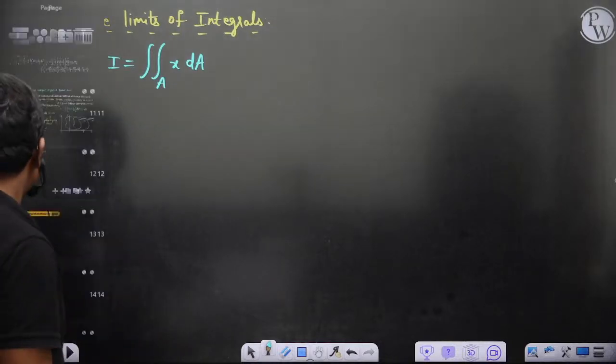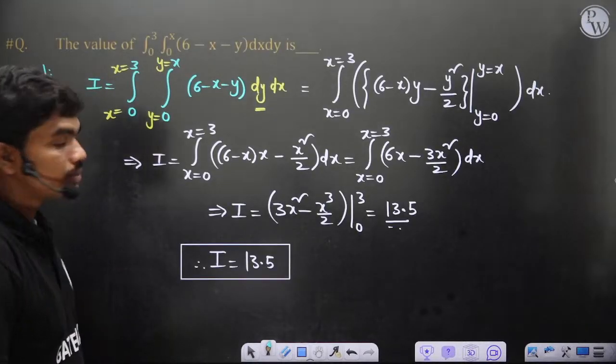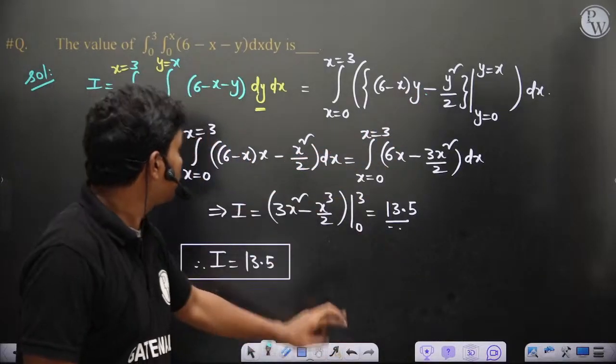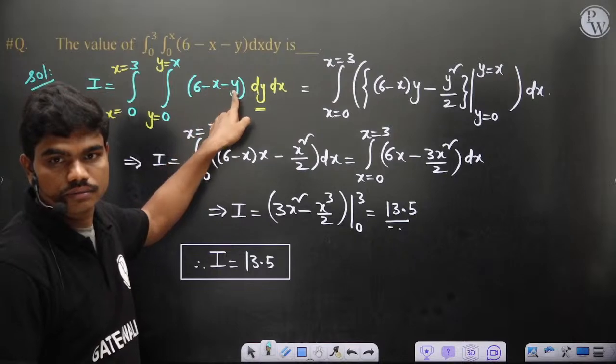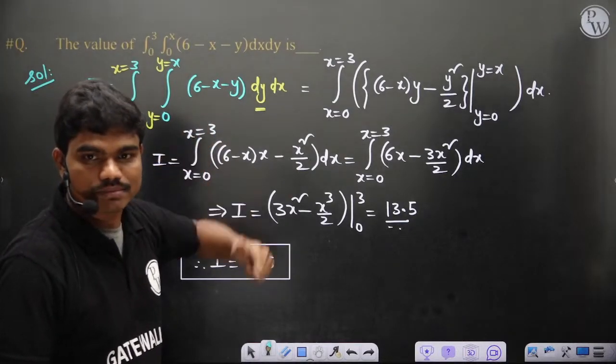Let's check it. We have done some mistake. So it's 6 minus x minus only, because you have a minus sign here. After 6 minus x constant, why do we write minus of y square?